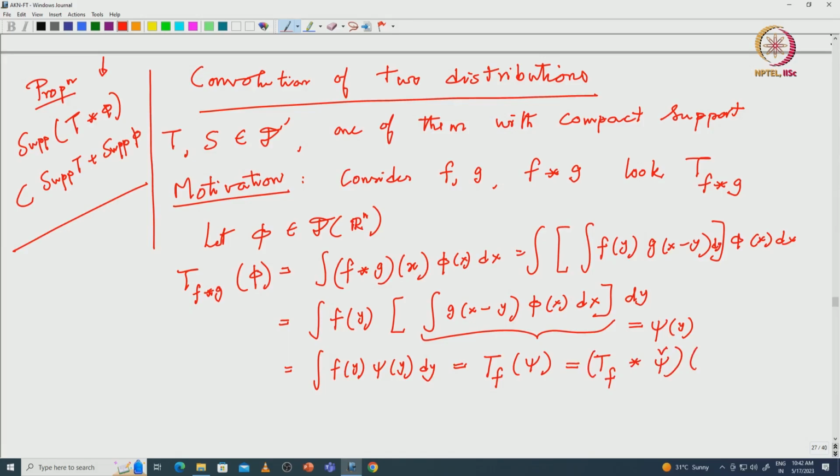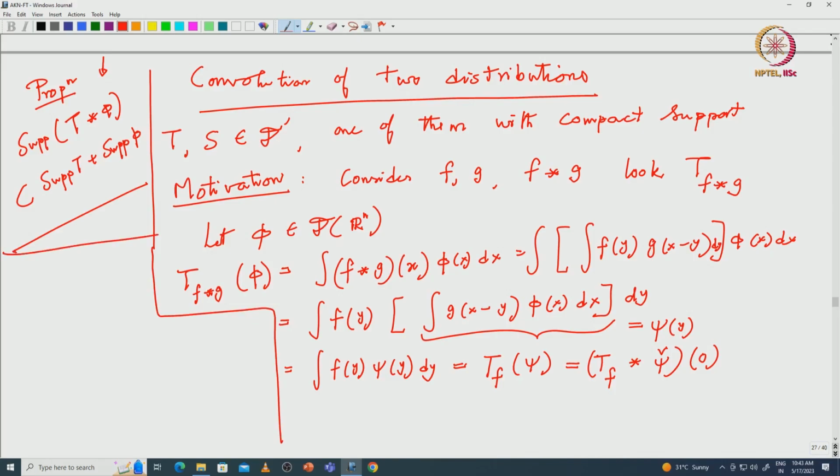This we have seen: Tf at psi is nothing but Tf star psi tilde at 0, because the convolution product and the action of the distribution can be connected all the time here. So, Tf star g of phi is Tf star psi tilde at 0. So, you have to understand what is psi tilde. Maybe I will put it on this page itself, so that you do not have to go to the next page. So, what is psi?